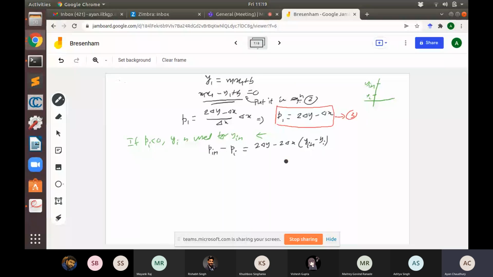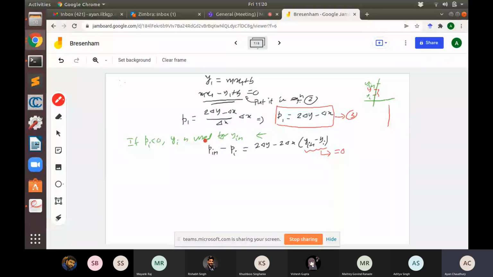But the thing is that for this yi plus 1 and yi, we are using yi instead of yi plus 1. So what should be the value for this term in this case? If this is my computed y value and we are choosing yi for this, doesn't it coincide? So this is equal to 0, right?